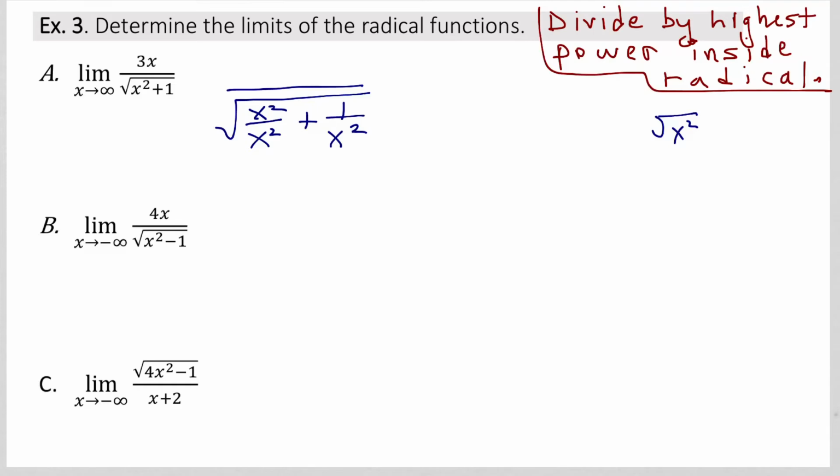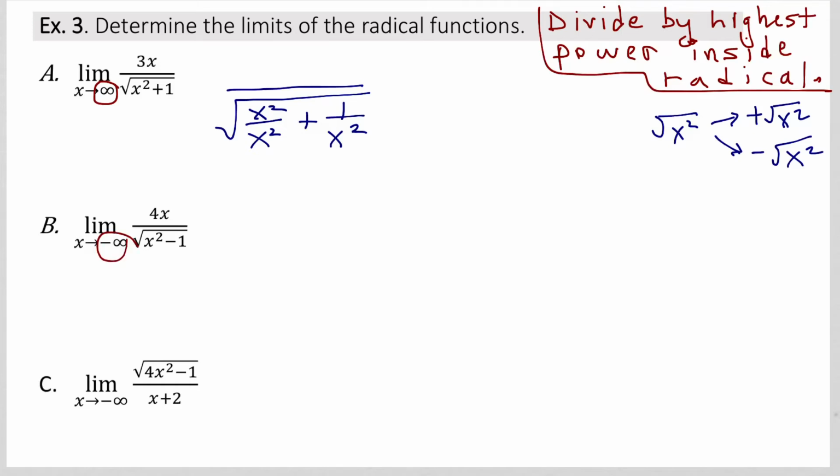All right, and that can have either a positive or a negative result. So remember, if we take the square root of a number, we could have had a negative or a positive that we squared under the radical. Now this is going to be significant depending on whether you're approaching positive infinity or negative infinity.